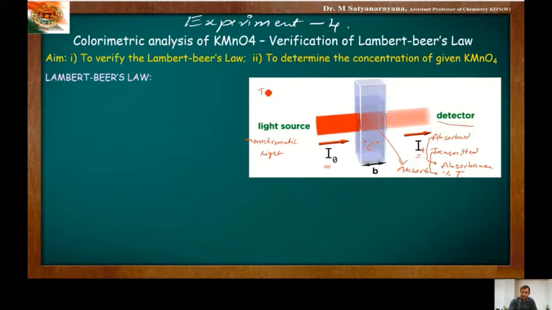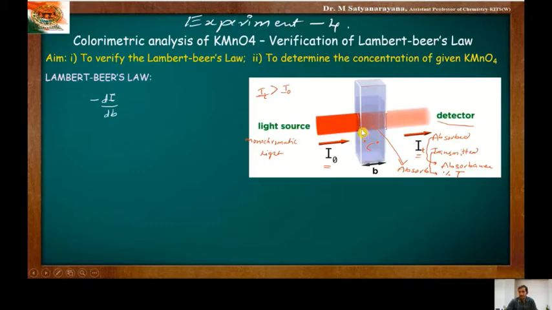Generally, this transmitted light intensity IT is lesser than the incident light. How much does it decrease? The Beer-Lambert law tells this: the decrease in intensity with path length. What is path length here?